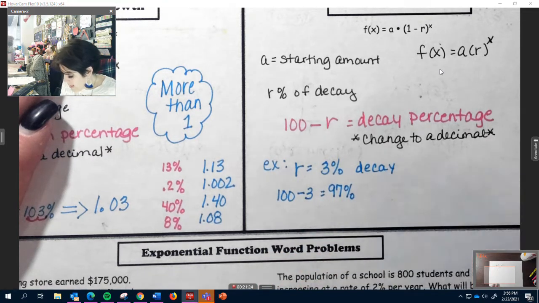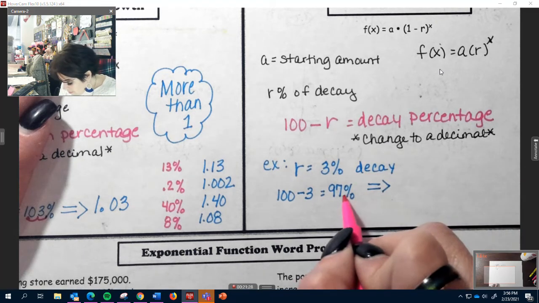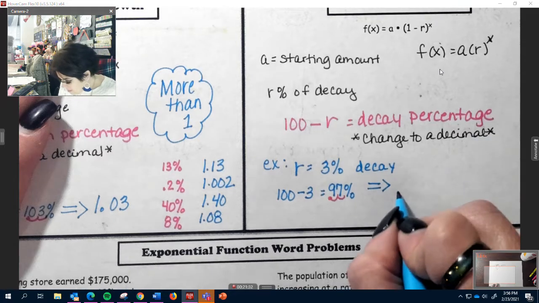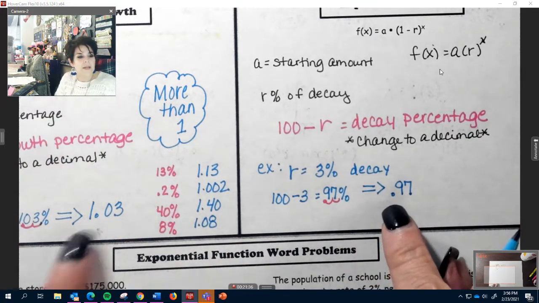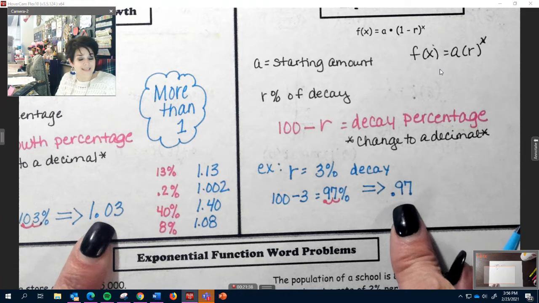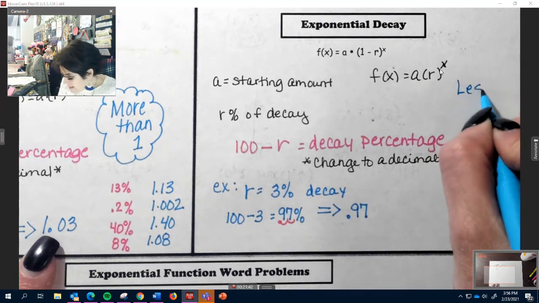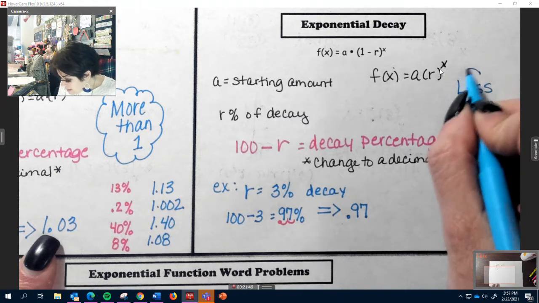I can't keep that, so I have to convert that to a decimal. So I'm going to move it over 2, and that'll be 0.97. See how this was more than 1 and this is less than 1? When you decay, you will be less than 1 every time. Less than $1 is probably the easier way to think about it.